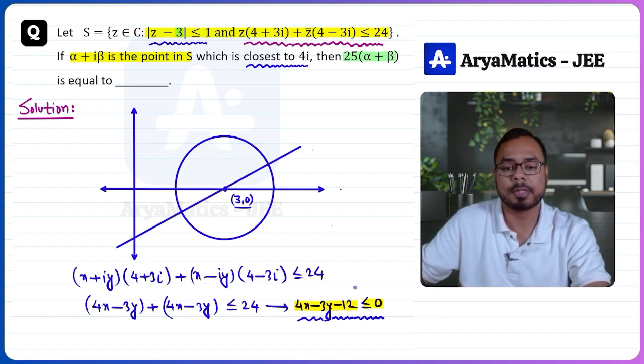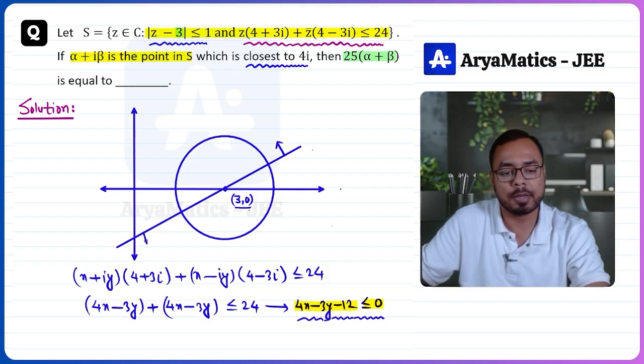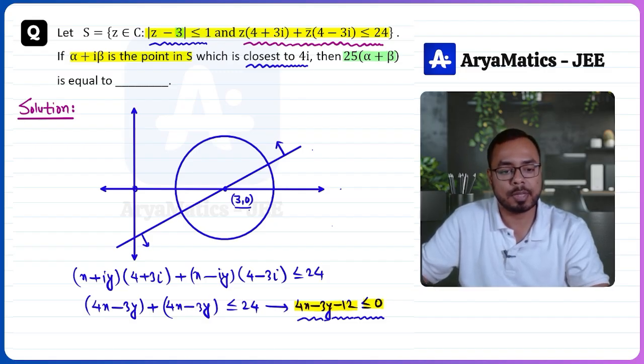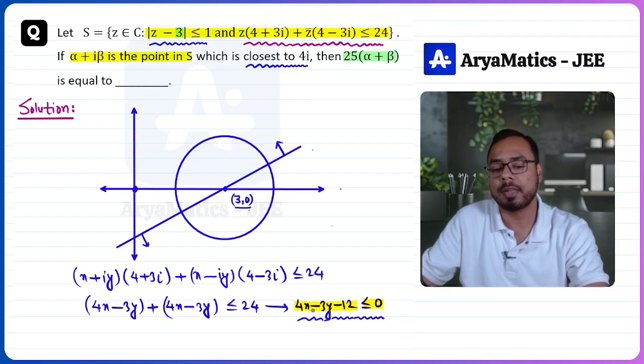If I had an equality sign, then it will represent all the points on this line. But because of inequality, it will represent any one side of the line, either this upper side or lower side. Now, if I check with origin, because it is always easy to check with origin, if I substitute (0, 0), it is satisfying this inequality.